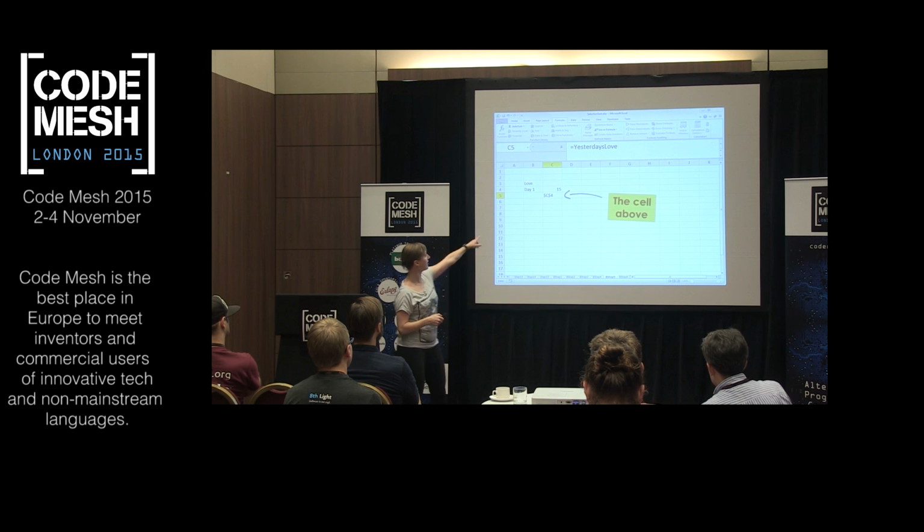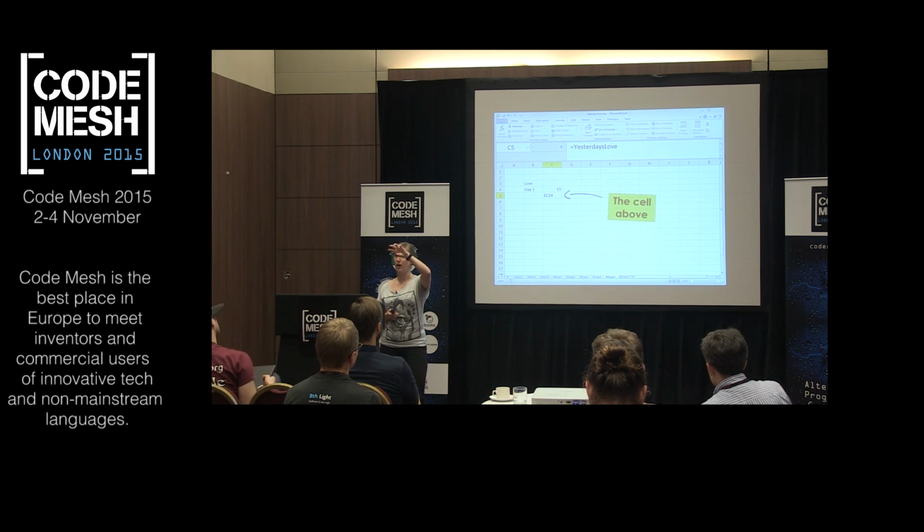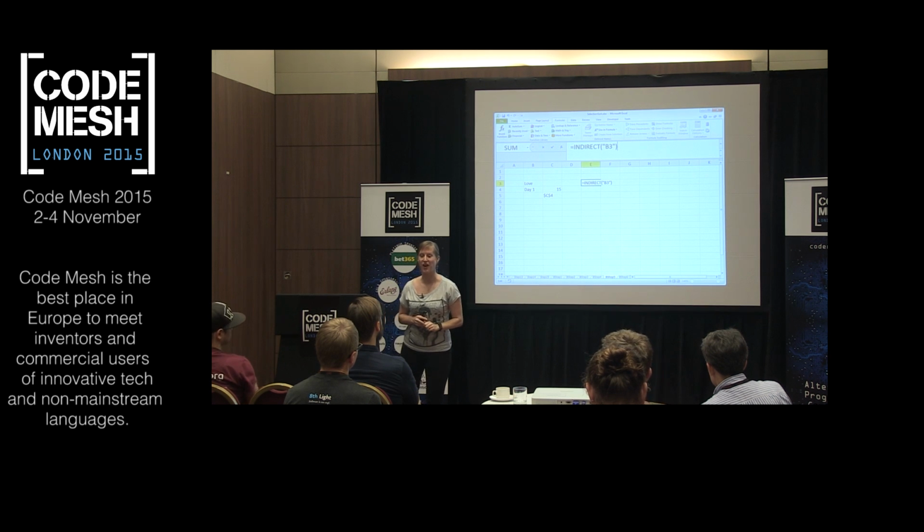If we put that in now, we just have the string value of the cell above, the location of the cell above. And Excel automatically puts in the $ signs here. So we're close, but we're not there because we don't want the location of the cell, we want the value of the cell. And what Excel has is an indirect function that you can feed a string and it will evaluate that string.